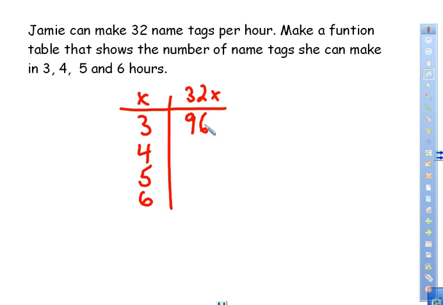And then 32 times 4 is 128. And 32 times 5 is going to be 160. And 32 times 6 is going to be 192. All right, so that's your function table that you're going to create for that.